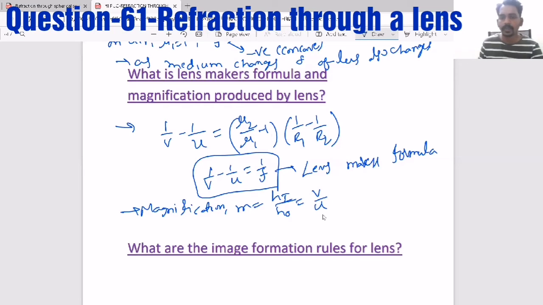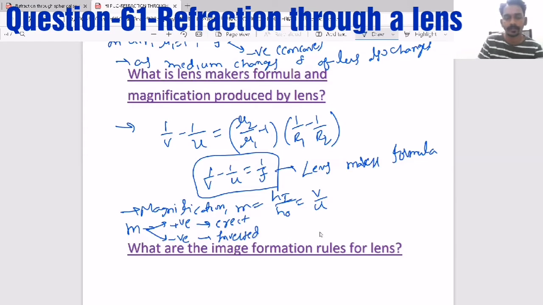So similar kinds of relations will come here also, and you can find the nature of the image. Like if magnification is positive or negative: if magnification is positive, then you can conclude it is an erect image. Otherwise, we can take it as inverted.